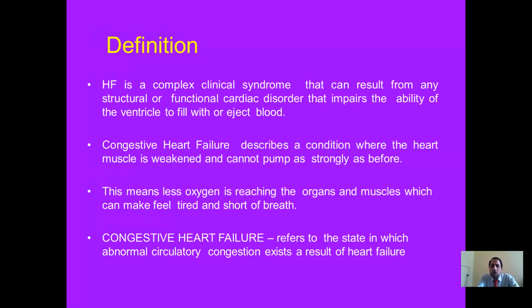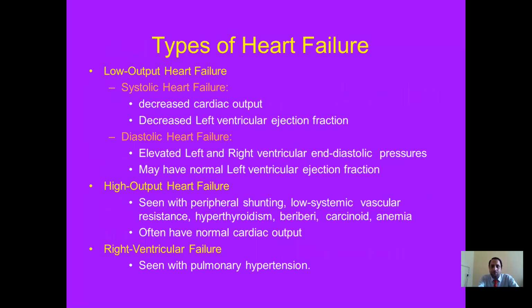Congestive heart failure also refers to a state in which abnormal circulatory congestion exists as a result of heart failure.